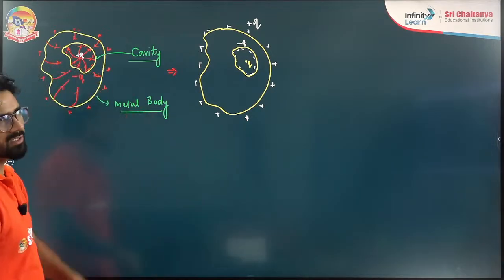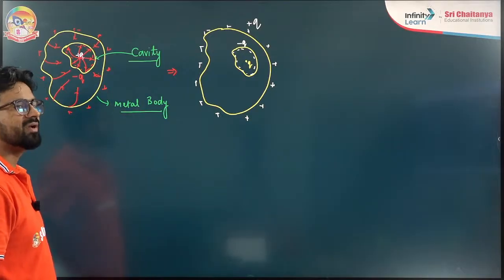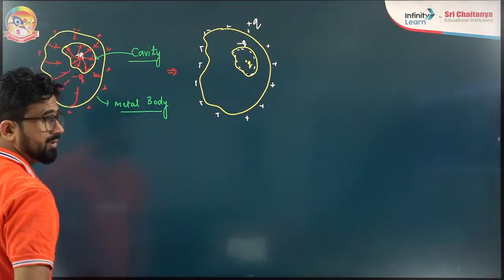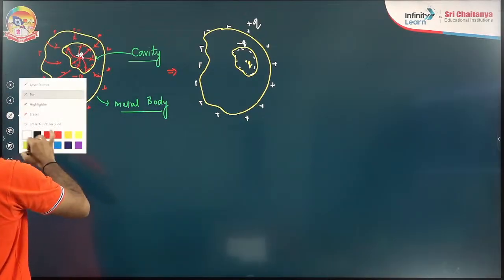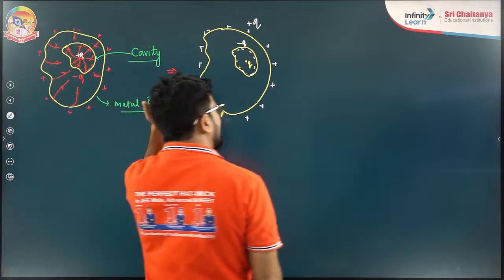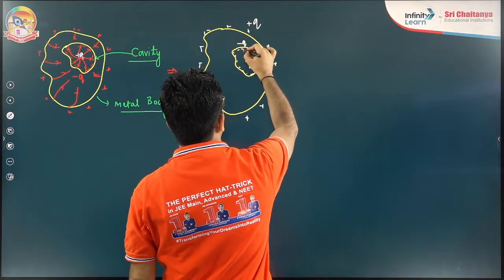So this is a very basic situation I have explained to you. Now from this we understand one more thing. What is that? Please focus. I am telling you how to draw the field lines. This is a positive charge, this is negative. So from here the field lines will be like this.